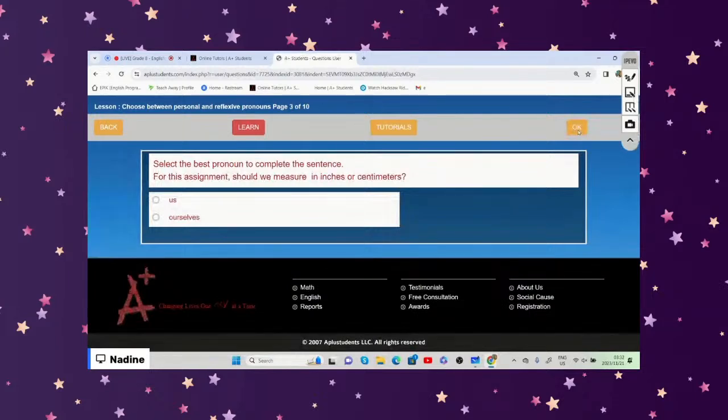For this assignment, should we measure us in inches or centimeters? Or for this assignment, should we measure ourselves in inches or centimeters?